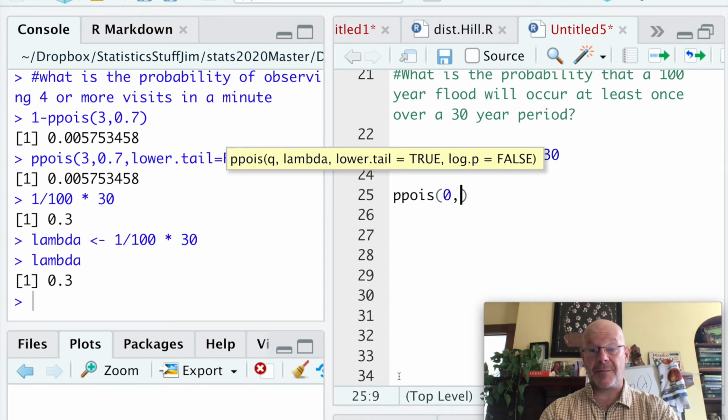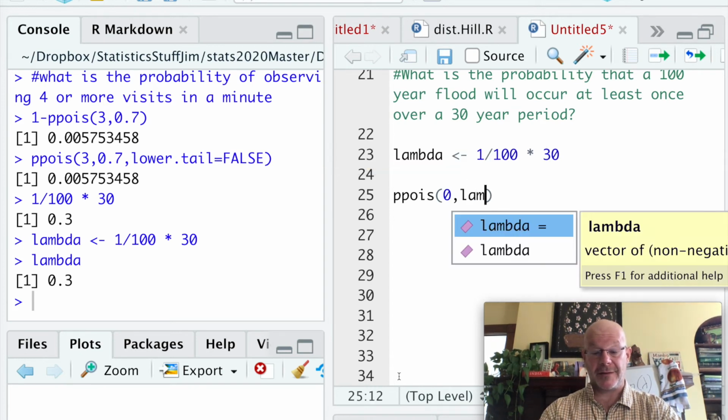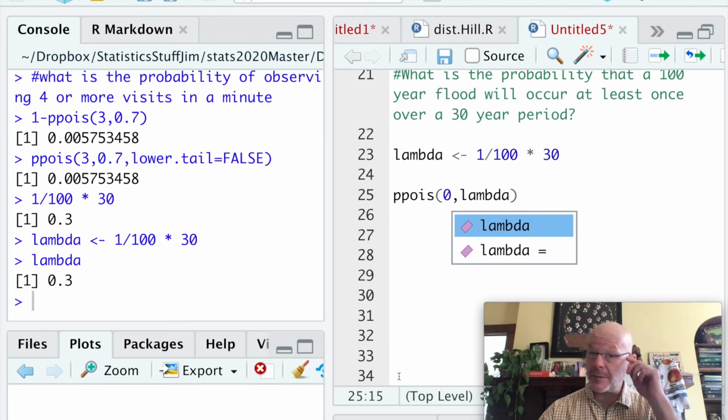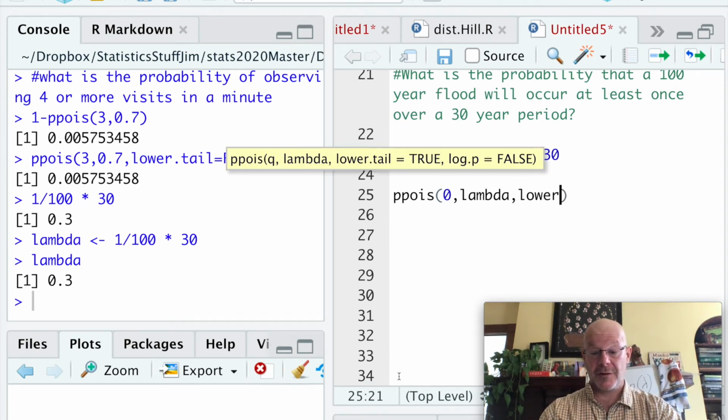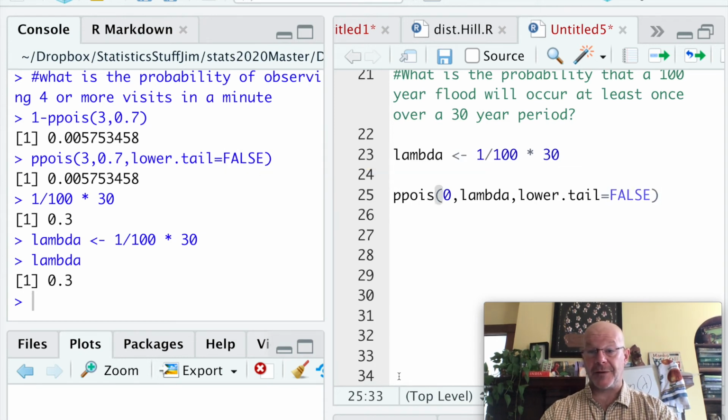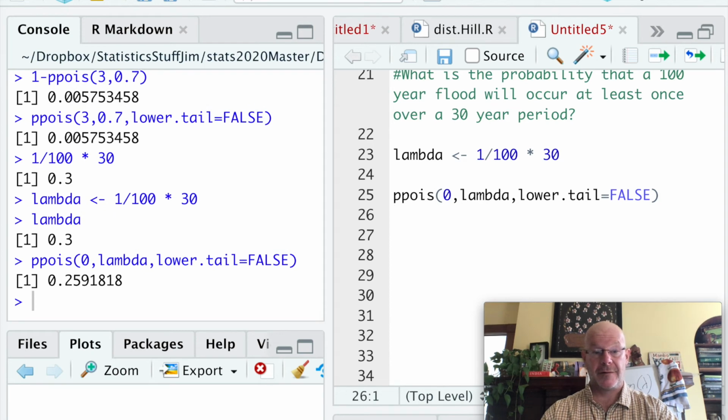Put our rate parameter in there, which I'll call lambda. We created the object, we might as well use it. And then lower dot tail equals false. And so this will give us the probability of there being 1 flood over 30 years, 2 floods over 30 years, all the way up to an infinite number of floods. And so that is the probability that a 100-year flood will occur at least once over a 30-year period of time.